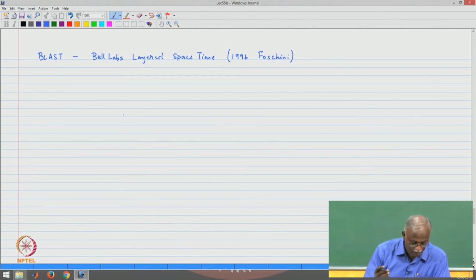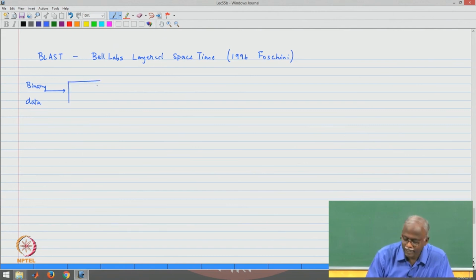Now, here are some of the basic assumptions and the structure of a BLAST method. So, we have input data, let us assume that this is binary data, and we have 4 antennas. So, we are going to do a demultiplexing by a factor of 4, 1:4 demultiplexing.